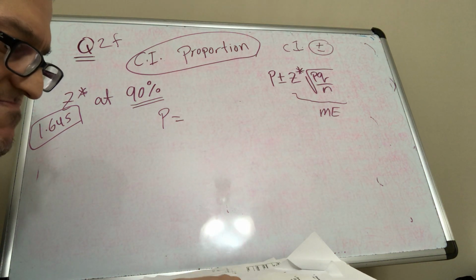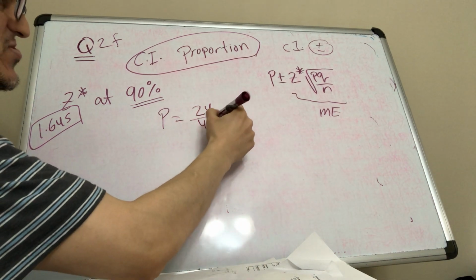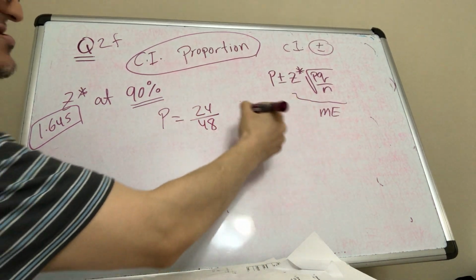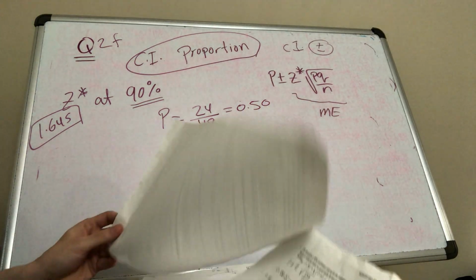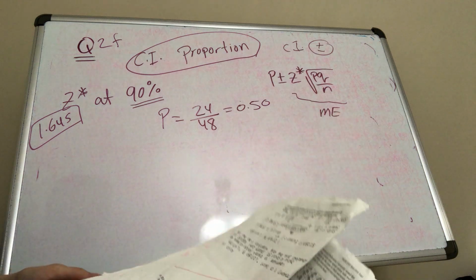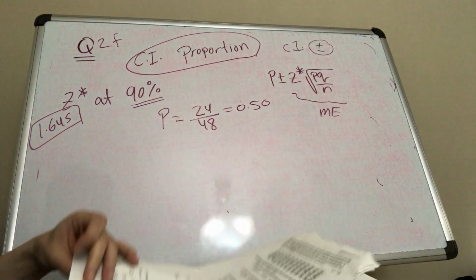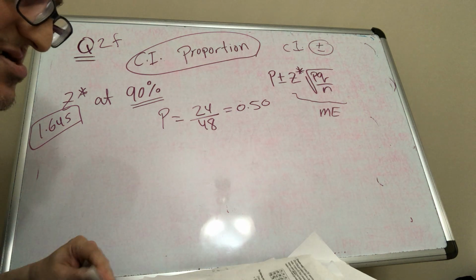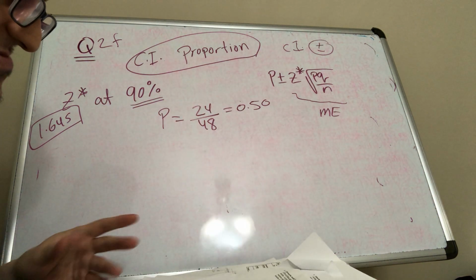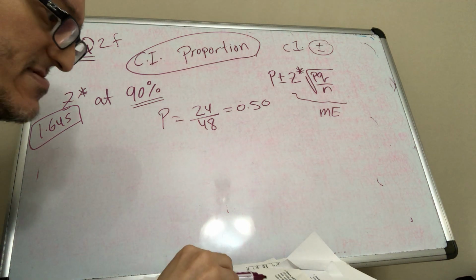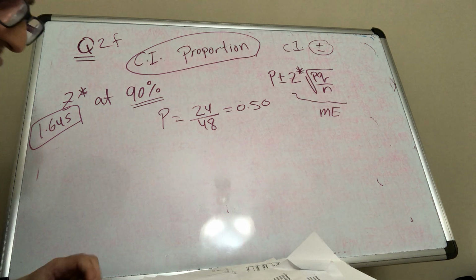There are about 24 numbers out of the 48 actually exceeding, so that's 50%. So the percentage here is 50%, the numbers exceeding the value of more than 25. So more than 25, that would be 24 numbers out of the total.